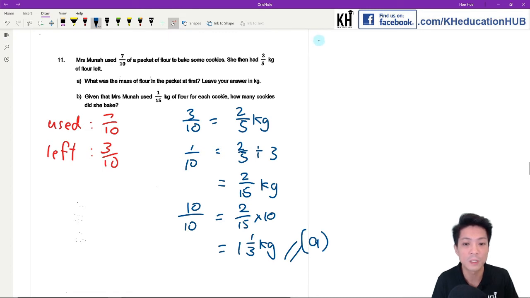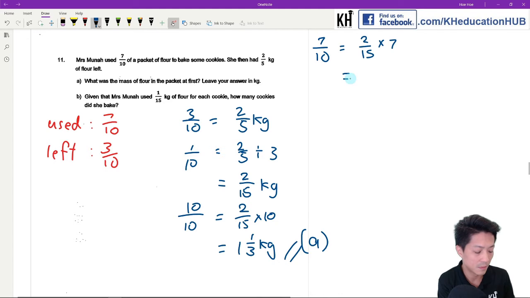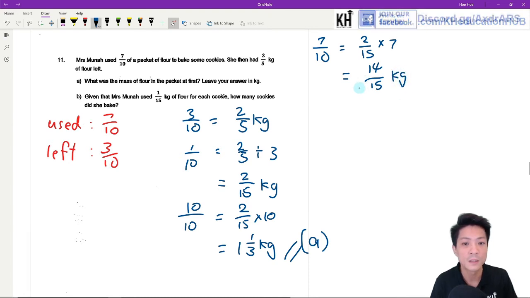Okay, so if 1/10, I need to find what is 7/10. 7/10 is 2 over 15 times 7, which will give me 14 over 15 kg.